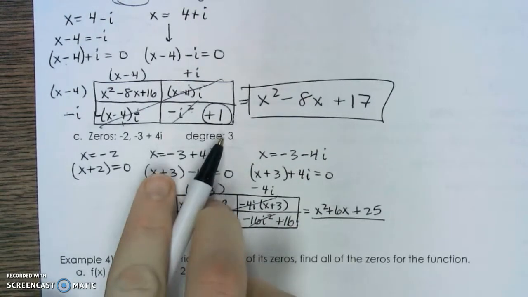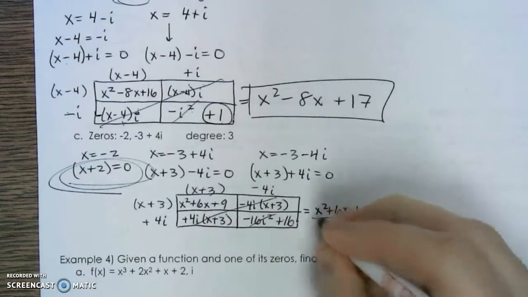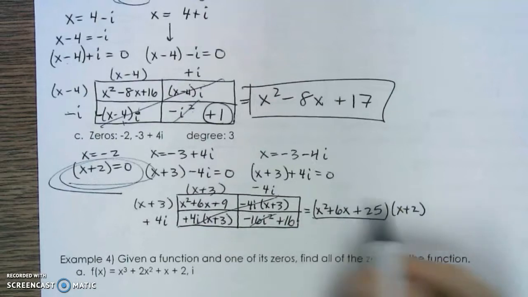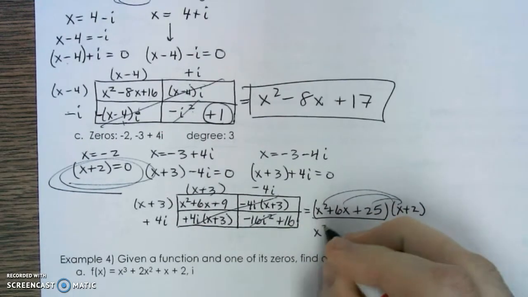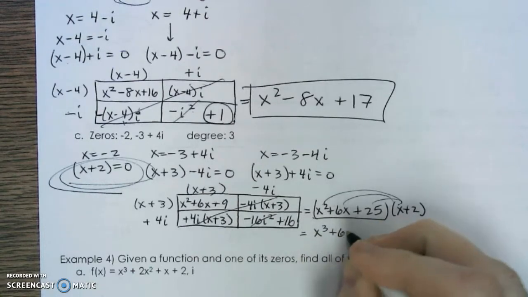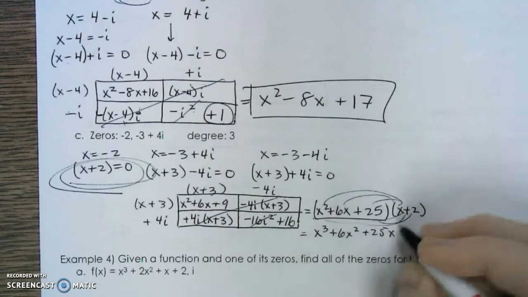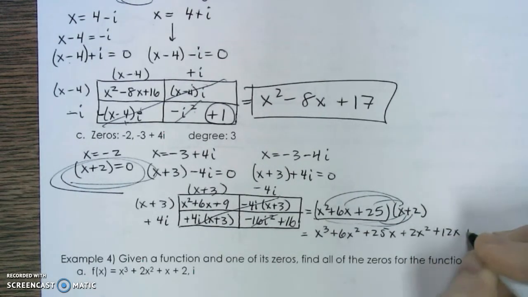Remember, it's supposed to be degree 3, and we still have this x plus 2 to take care of. So now we multiply this by x plus 2. So if you distribute your x, you end up getting x cubed, 6x squared, and 25x. Distribute your 2, and you get 2x squared, 12x, and 50.